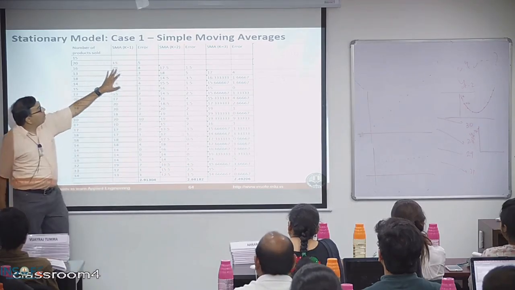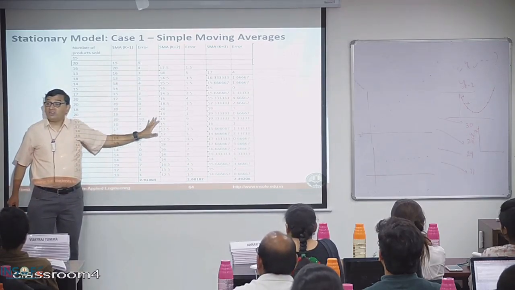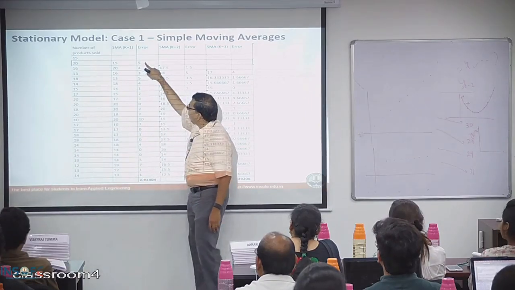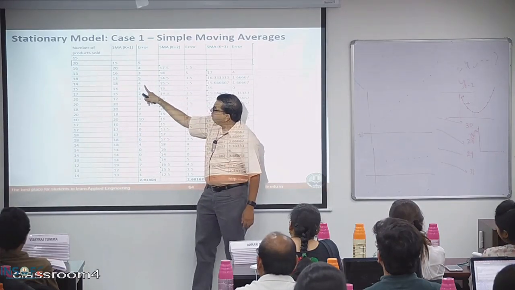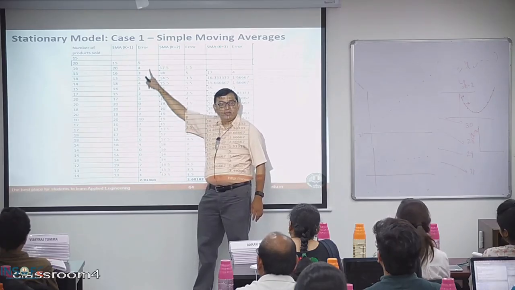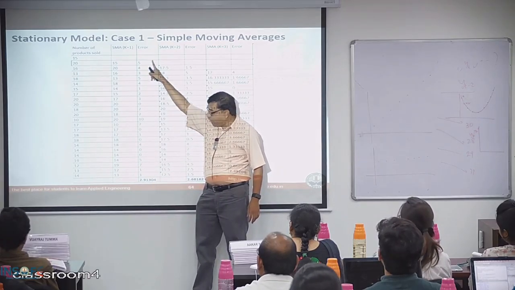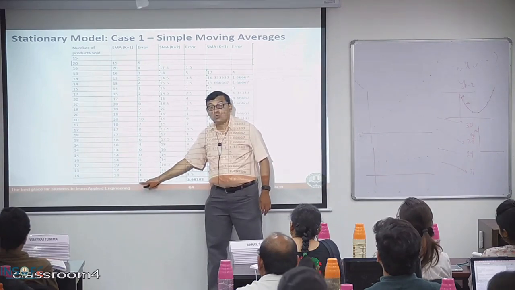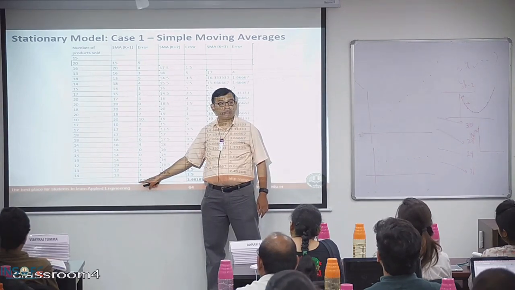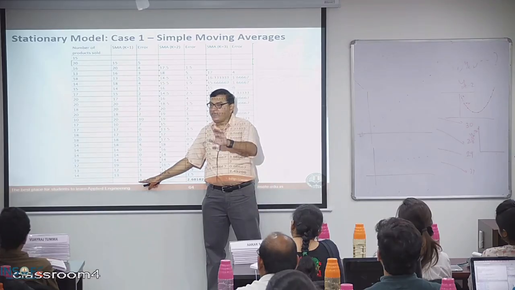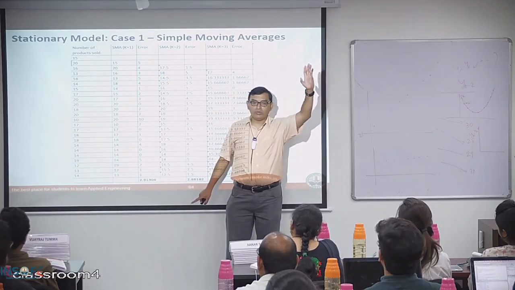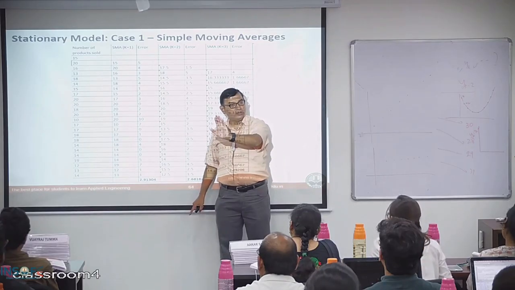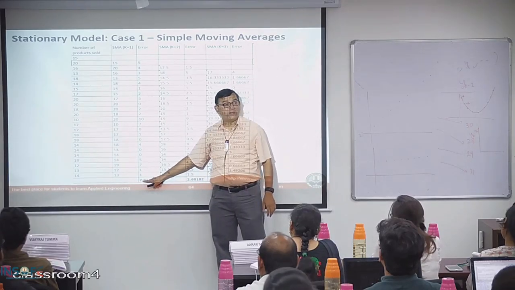What is the next column? I'm computing the error in my forecast. In this case, my error was 5, 4, 3, 5, so on and so forth. These are all my absolute errors. And the average error turns out to be around 2.91. By taking just the previous month's sale as a forecast for the current month, I'm making an error of 2.91.